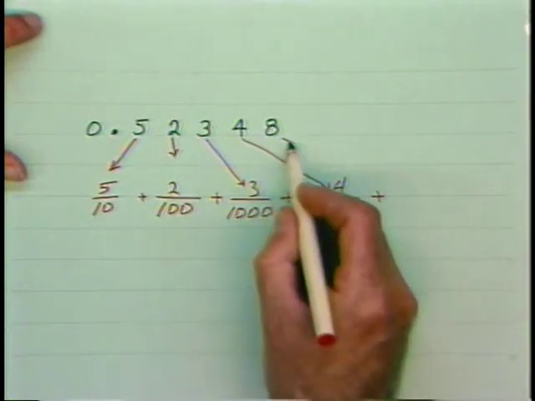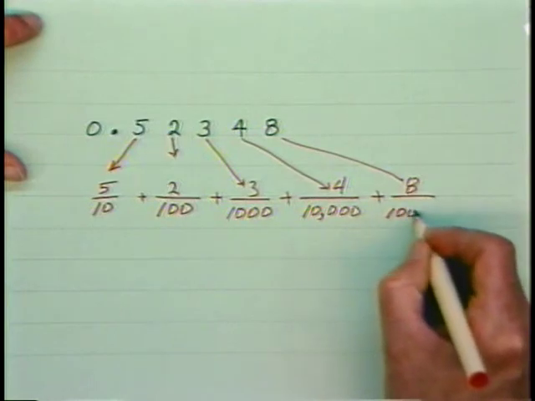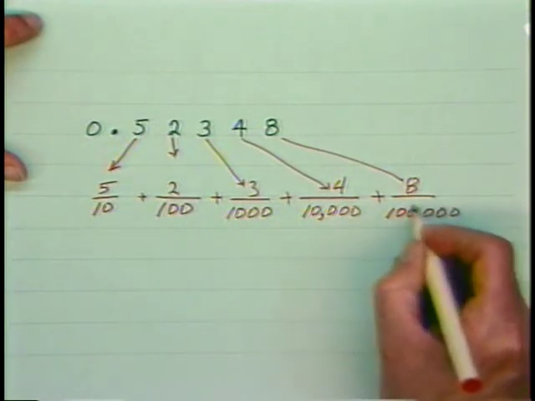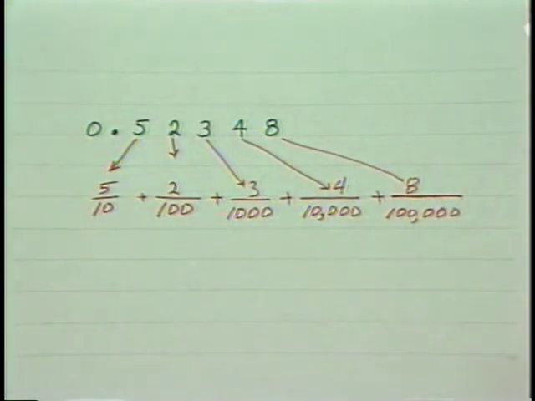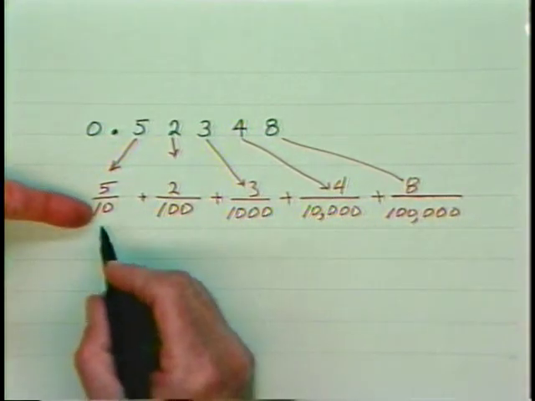And then I have 8 hundred-thousandths. Recall from the last chapter that we could write each of these powers of 10 in exponent notation.